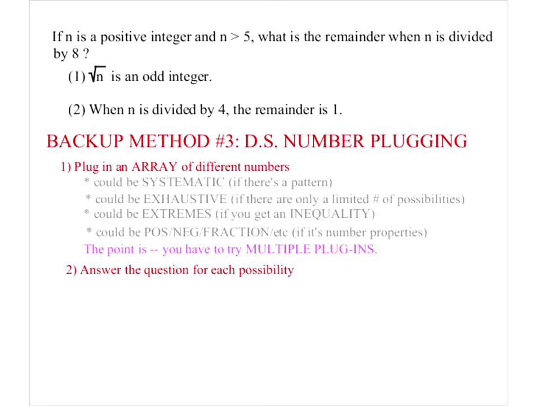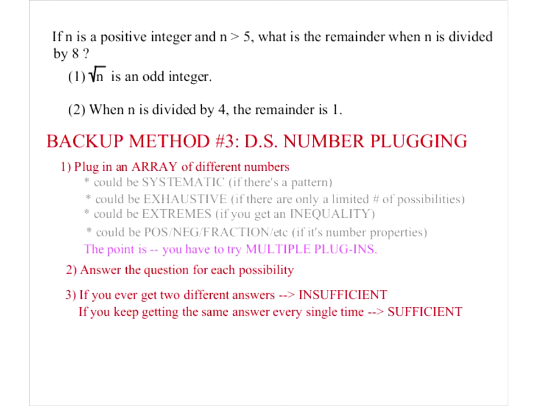And if you ever get two different answers, then that's insufficient. If you keep getting the same answer every single time, then that's sufficient. That's pretty much how this works. So you plug in an array of different numbers, answer the question for each possibility, and then you just see what happens.